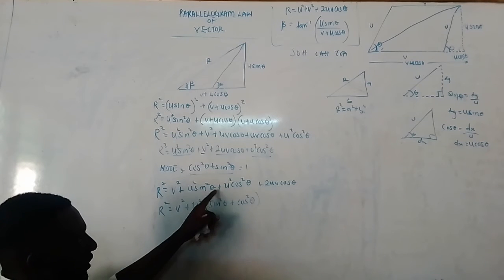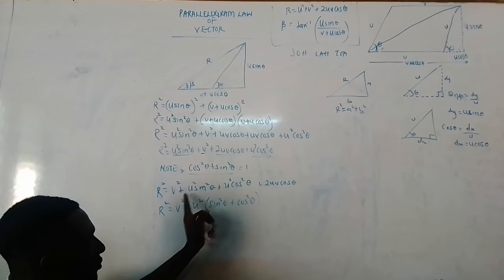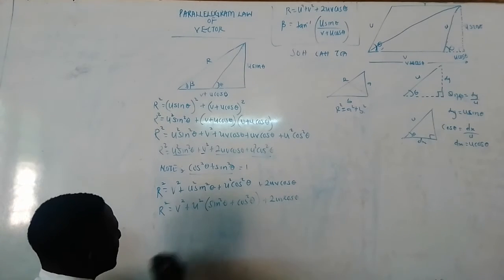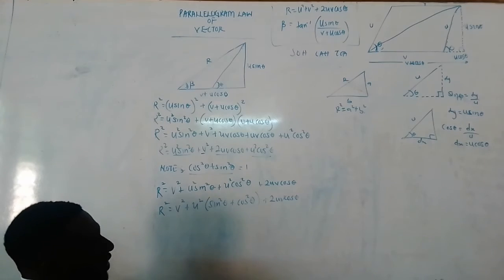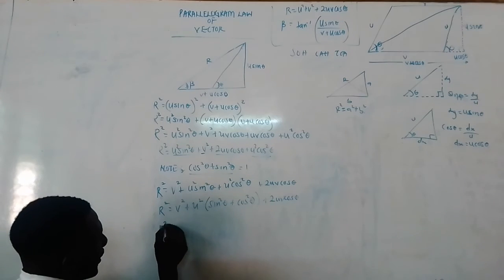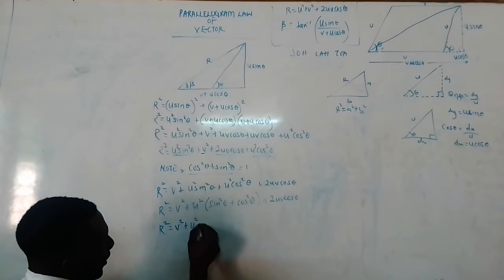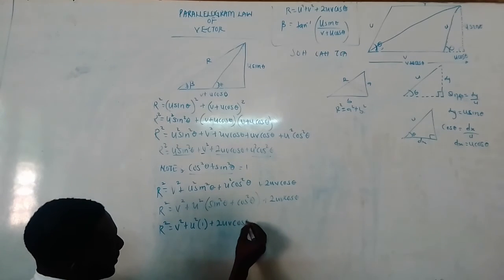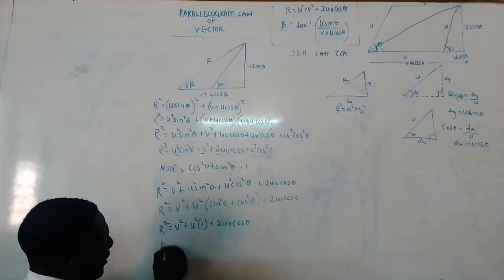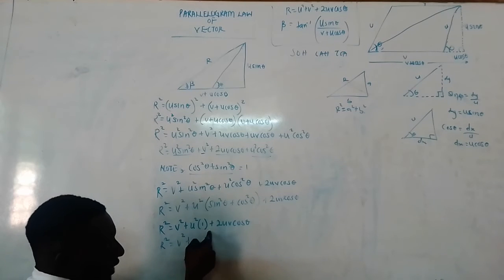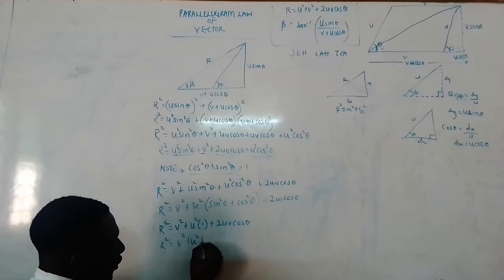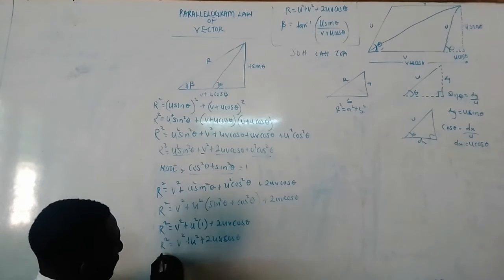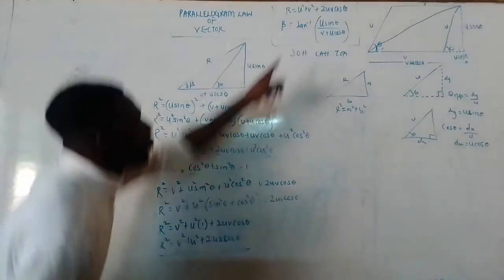If you factorize it, you bring out U squared, that's the common thing between the two of them, plus 2UV cos theta. Since sine squared theta plus cos squared theta is 1, R squared is equal to V squared plus U squared, bracket 1, plus 2UV cos theta. Note bracket means times. So R squared is equal to V squared plus U squared times 1, plus 2UV cos theta. That's the formula for calculating the resultant, which is up here.